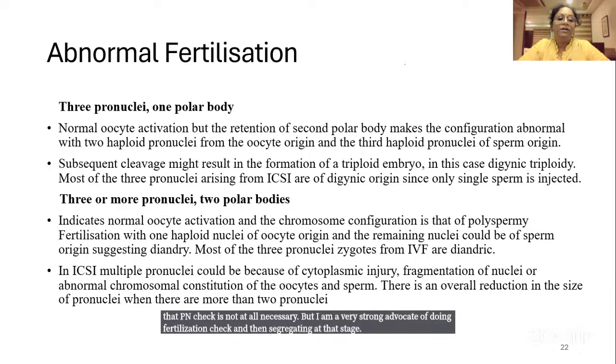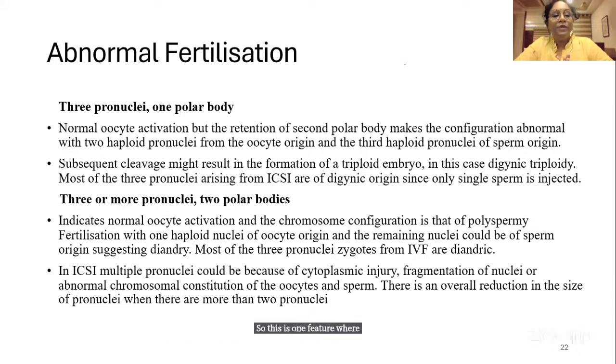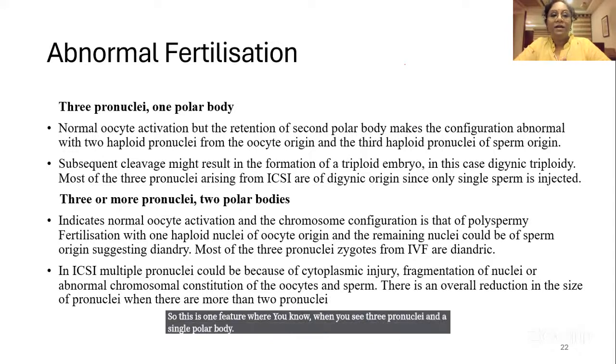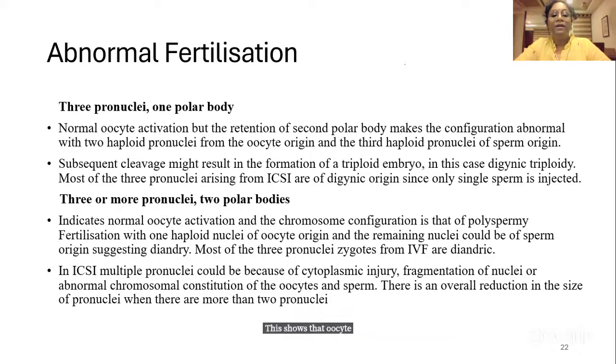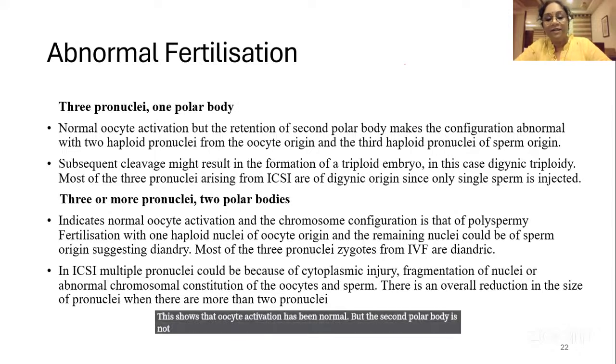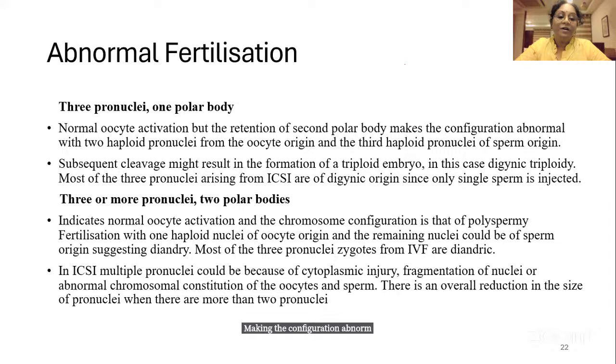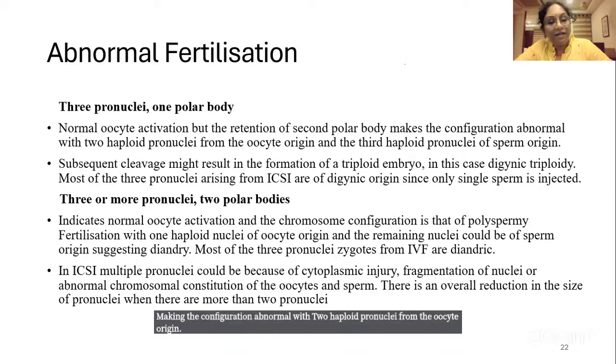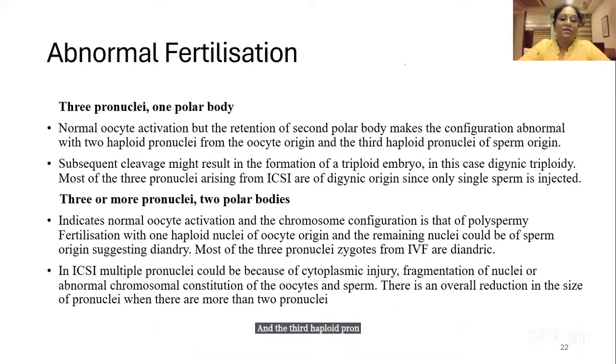So this is one feature where, when you see 3 pronuclei and a single polar body, this shows that oocyte activation has been normal, but the second polar body is not extruded. Instead, it is retained within the ooplasm, making the configuration abnormal with 2 haploid pronuclei from the oocyte origin and the 3rd haploid pronuclei from the sperm origin.